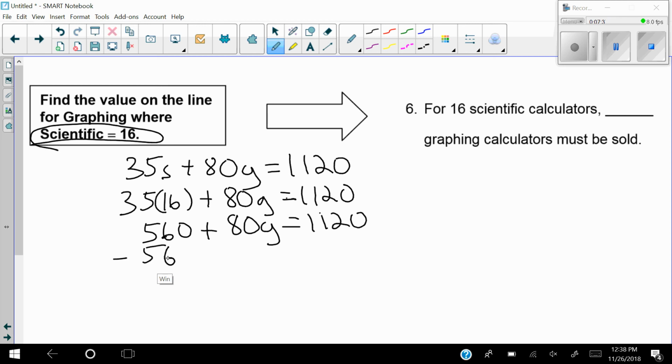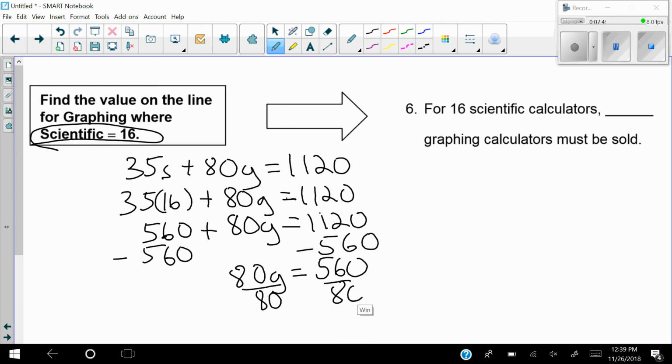Subtract 560 on both sides. I get 80G is equal to 560. Divided by 80, I would need 7 graphing calculators in order to meet the goal of 1,120.